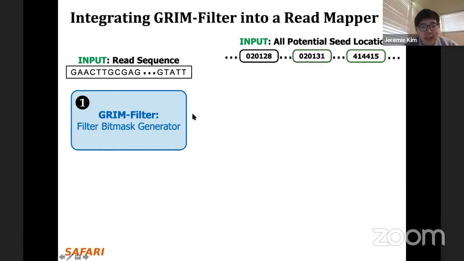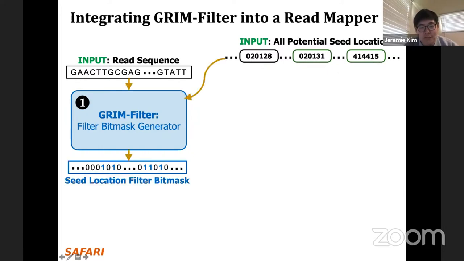It feeds them to the GrimFilter, which essentially calculates the potential existence of that read sequence within every single bin of the potential seed locations. And so it'll spit out a seed location filter bit mask where 1 indicates, yes, you have to check this bin for existence, and 0 indicates, no, it's definitely not there because there weren't enough tokens.